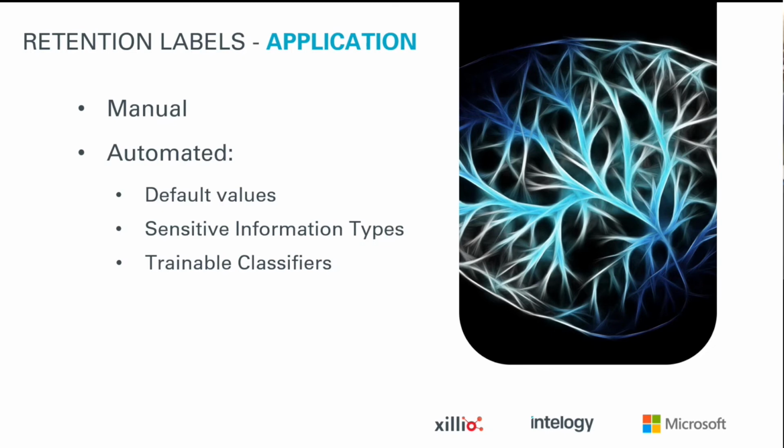So long as you have lots of a type of content that's quite similar, it's worth using trainable classifiers to automatically apply those retention labels. It works best where you've got thousands of very similar types of files. Let's say policies, where you've got several thousand of them. Trainable classifiers are a great way of finding them en masse across the tenancy and applying retention labels to them.